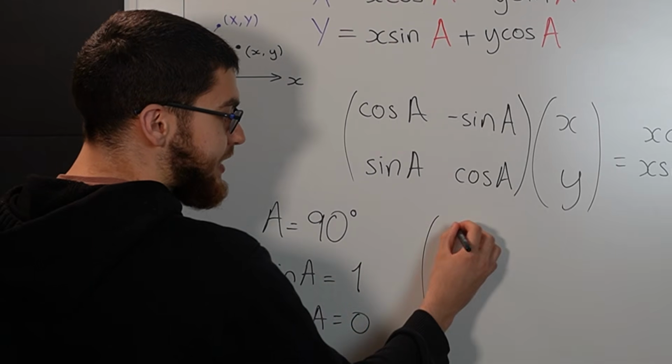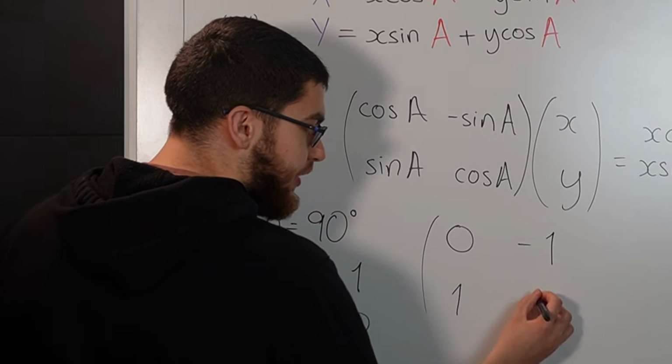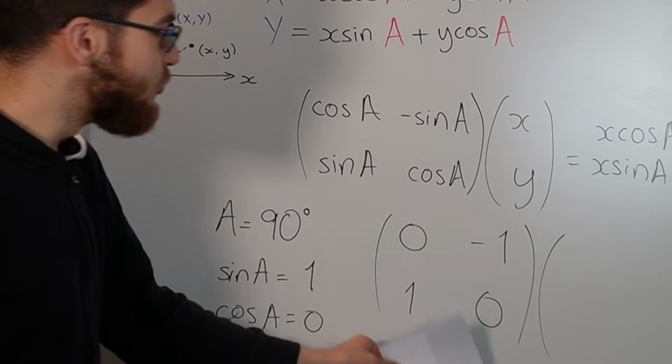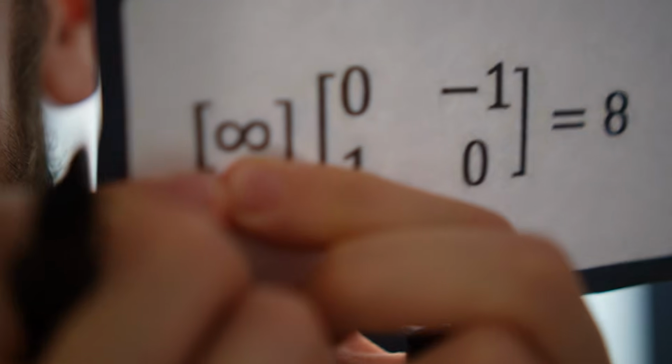So we get the matrix 0, minus 1, 1, 0. And that is the rotation matrix by 90 degrees. So what this is saying is that you rotate the image by 90 degrees, because if this is an image and it's a bunch of points, then you rotate it by 90 degrees.